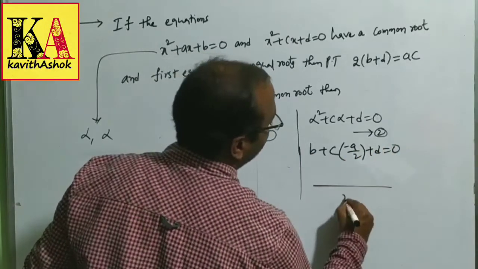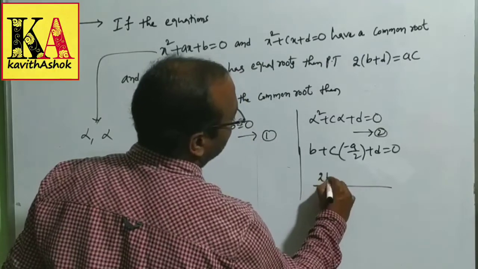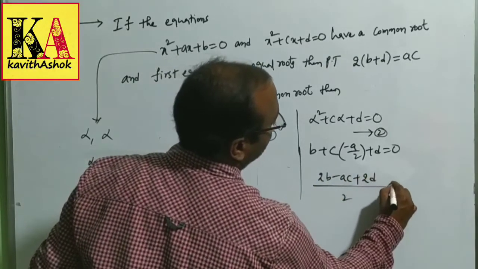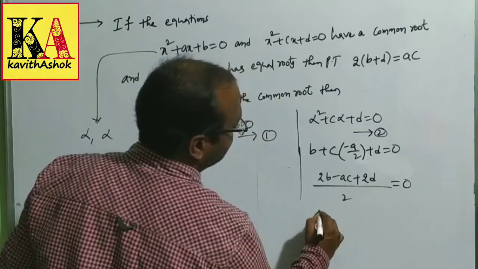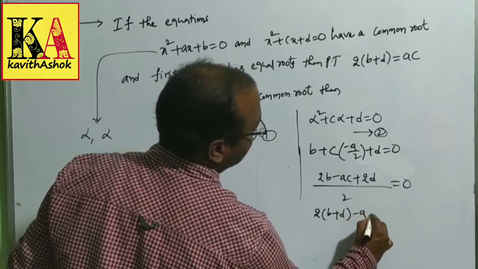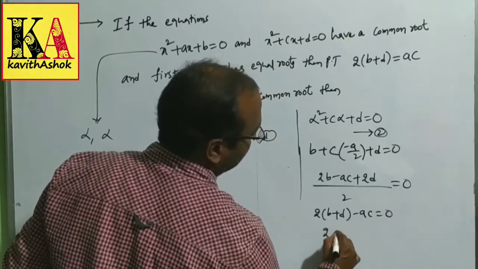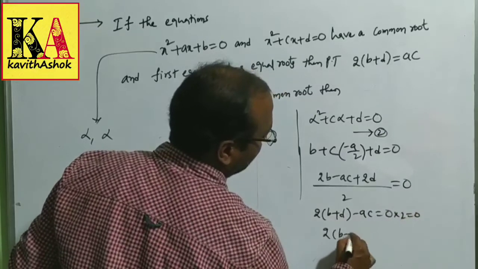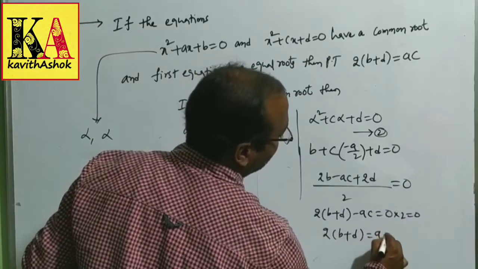So 2 is the LCM here: 2b minus ac plus 2d equal to 0. So 2 common, 2 times (b plus d) minus ac equal to 0. 2 times 0 is 0. So 2 times (b plus d) is equal to ac.